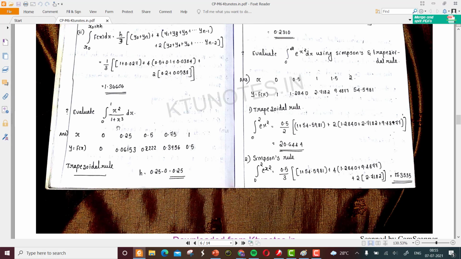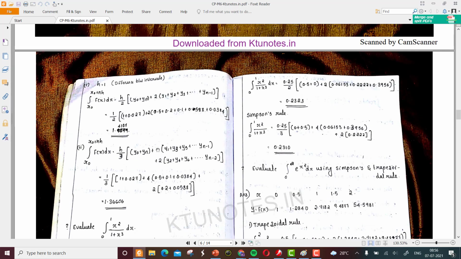A similar problem here: the integration is only from 0 to 1, of x square by 1 plus x cube. The interval is a choice of the person. In this case he has used the interval of 0.25. So we get the x values and corresponding y values, and we know that the interval is 0.25.